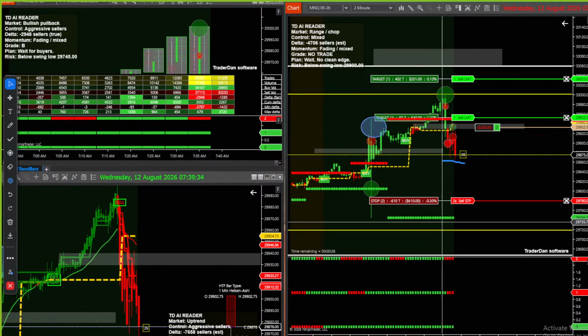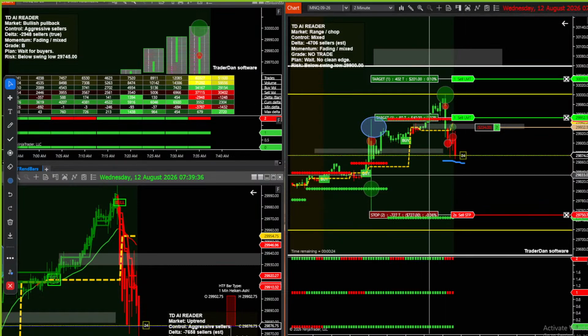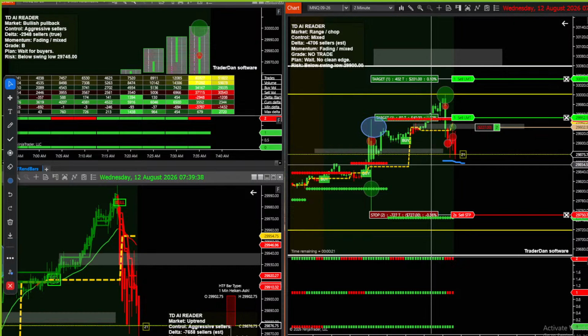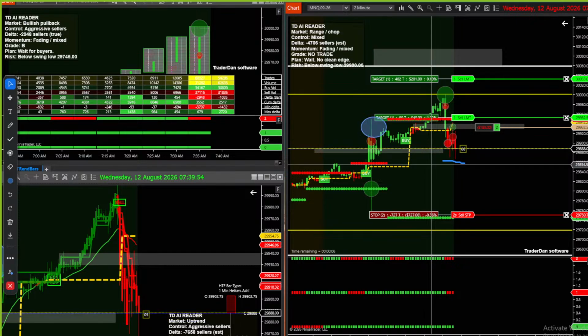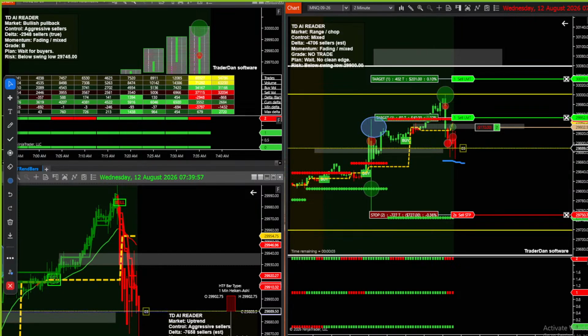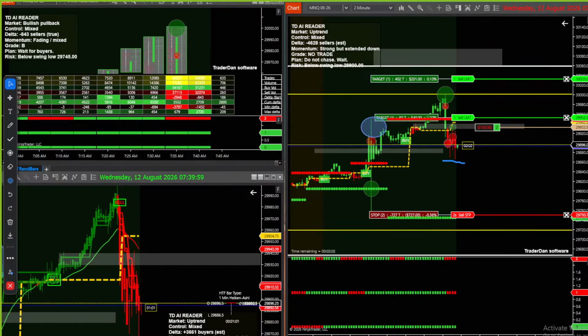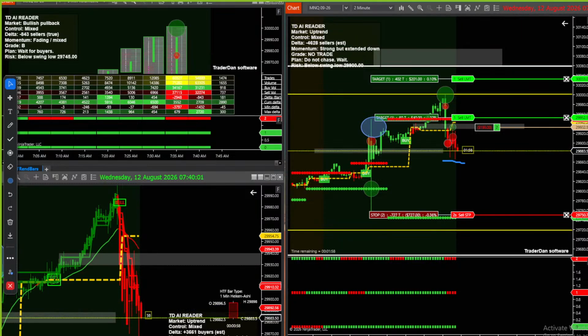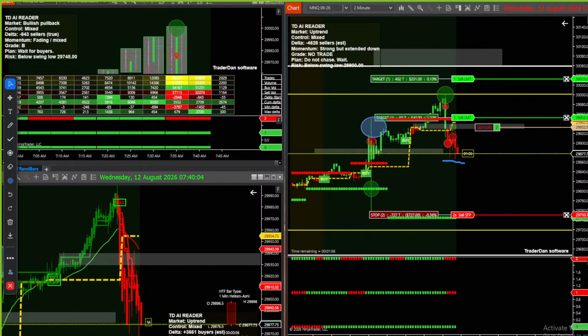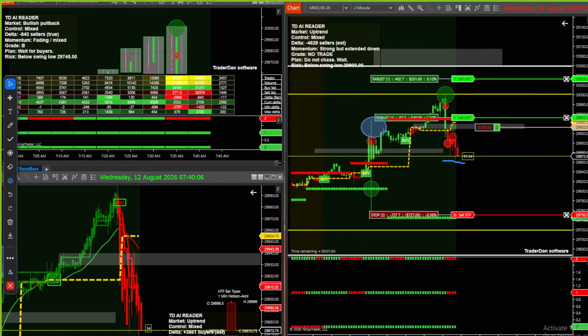Let's see if they can hold this. $620 buyers coming in the market. We do got a big gap up, though. Now we got a new 5-minute bar. Doesn't look healthy.